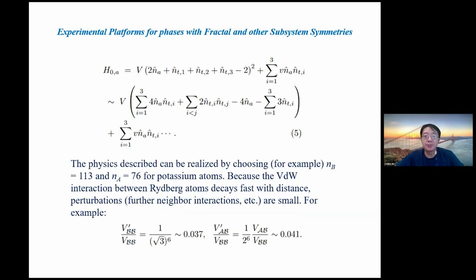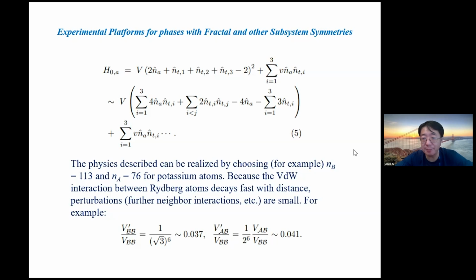To realize this model, we can just tune the principal quantum number of the atom on stabilizer B, and also stabilizer A. We can choose some quantum number for them by choosing the right frequency of the photon of the laser that the system is coupled to.